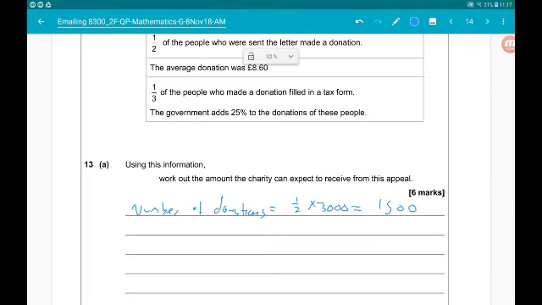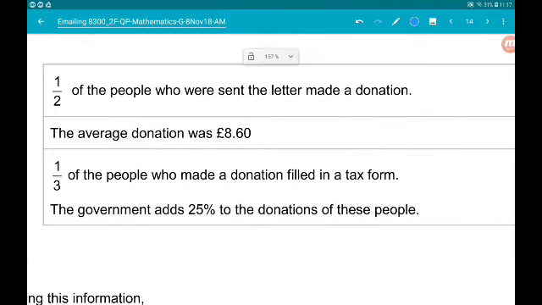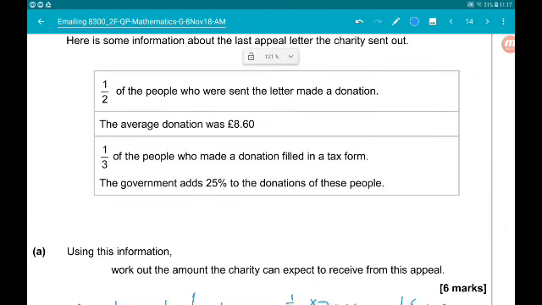Okay, now next, the average donation was £8.60. So we're going to use a bit of reverse mean here. So let's change colour.